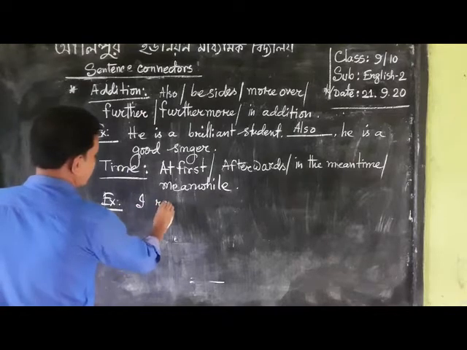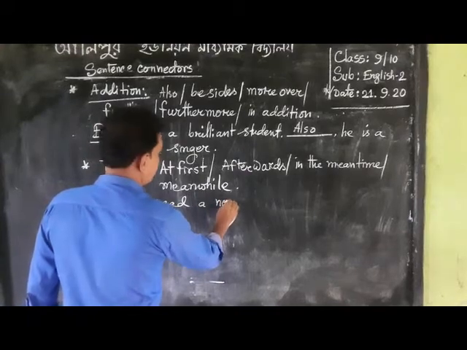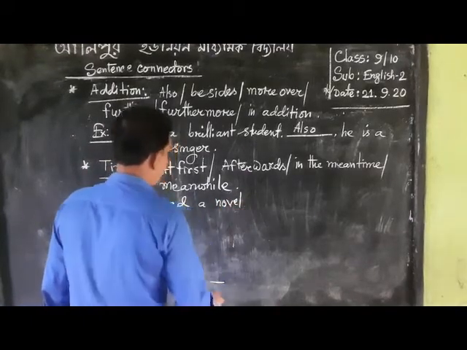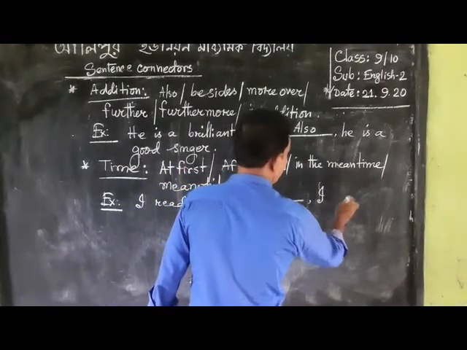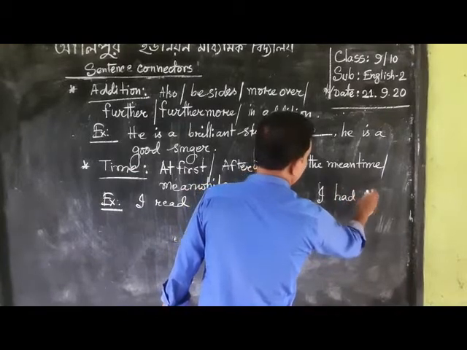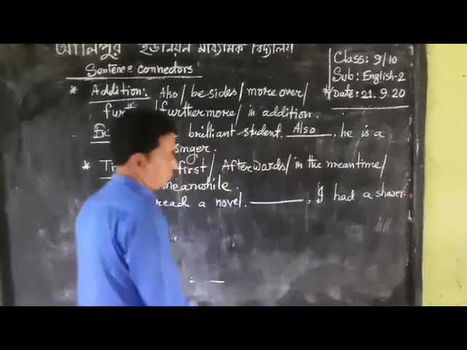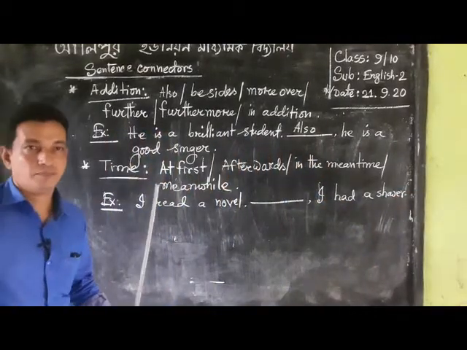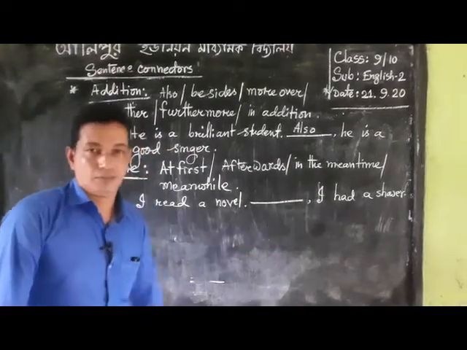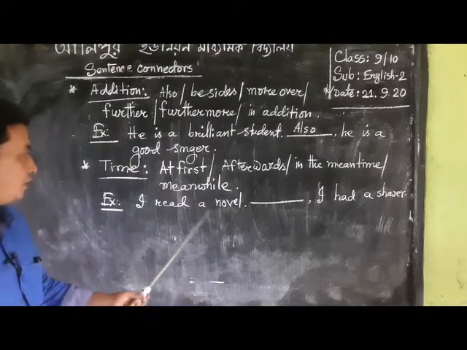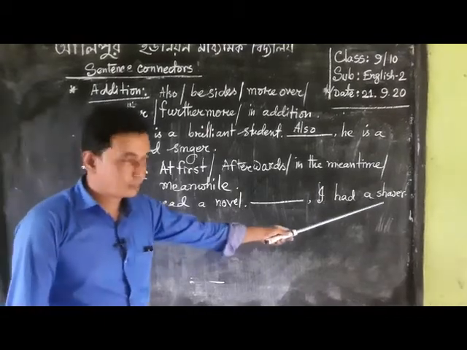Example: I read a novel. Blank. I had a shower. There are two examples here. I read a novel and blank, I had a shower. Okay, dear students. I read a novel, this is the action or verb, and also I had a shower.